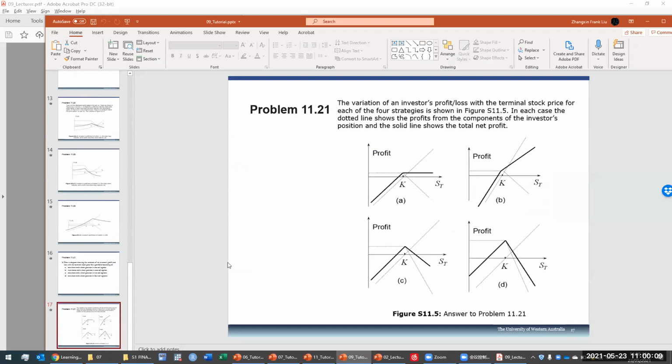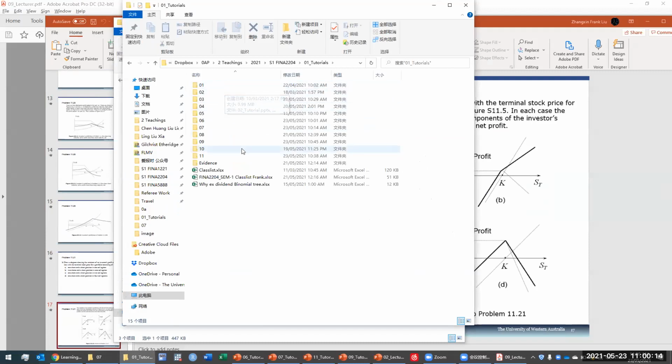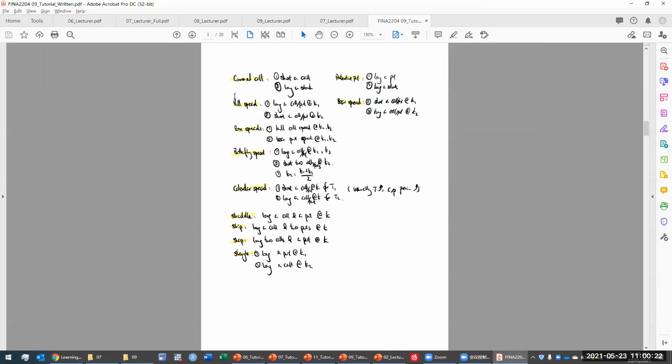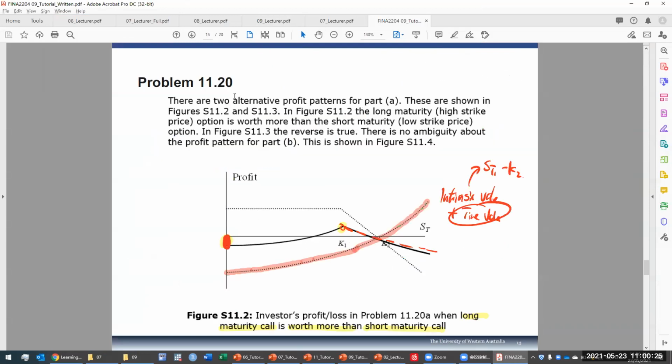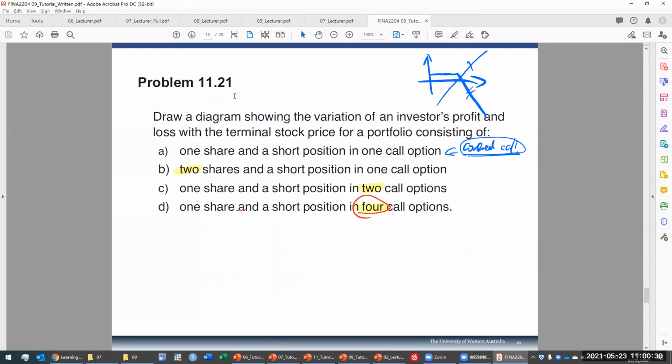Actually, the other thing, if I could. Oh, this is my handwritten note. The other thing is that, I guess you may get an MCQ, I don't know, for 11.21, when you have more than one, so some of these are non-standard combinations and spreads.